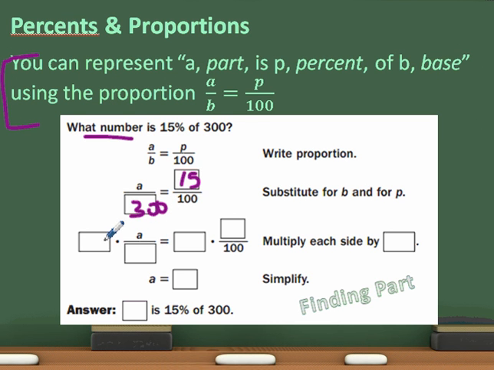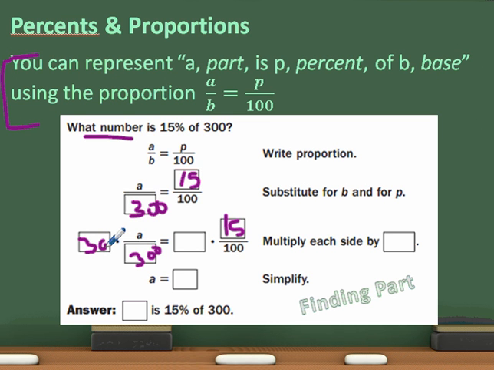So now I need to come over here and say, well, what am I going to do to go from here to here? Well, this should be 15 again, and this again is 300. What do I need to do? I want to get A by itself, so I can multiply this by 300.